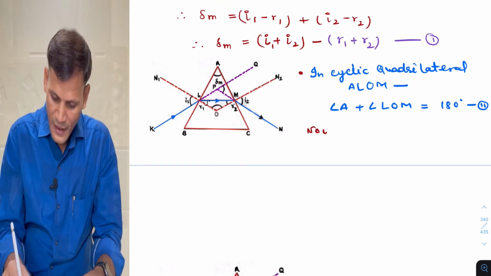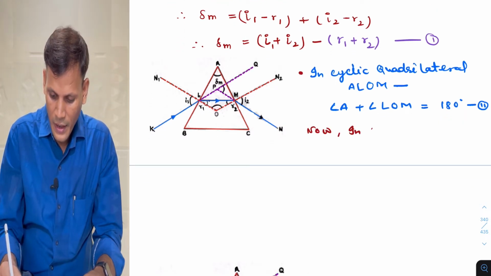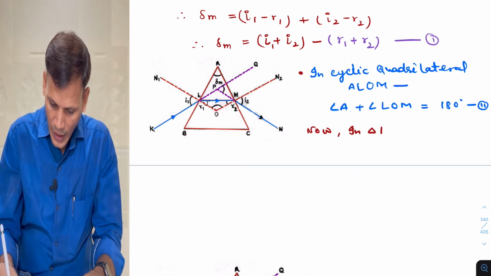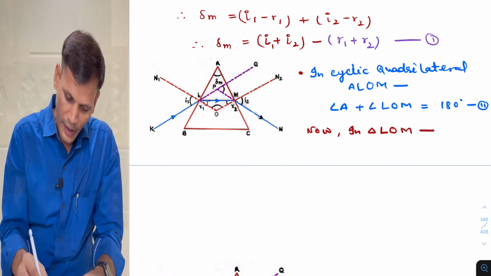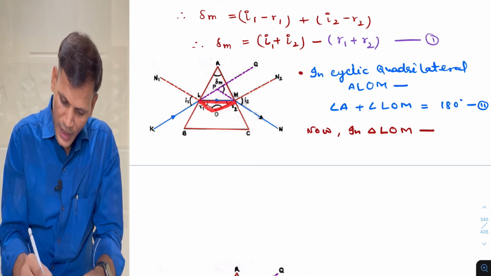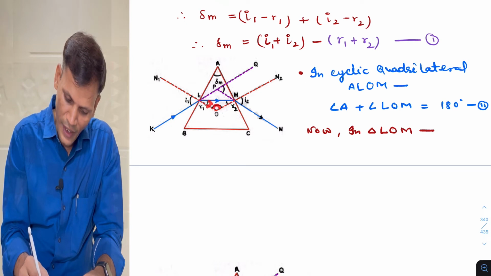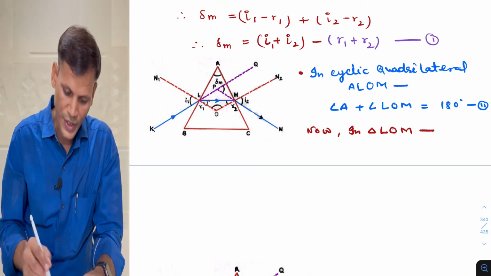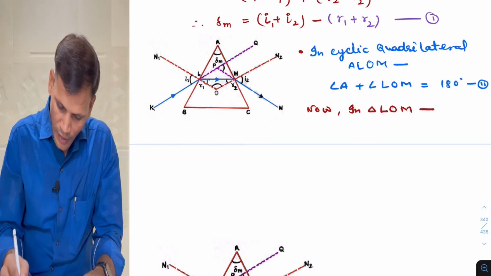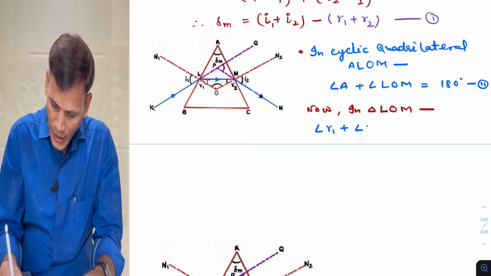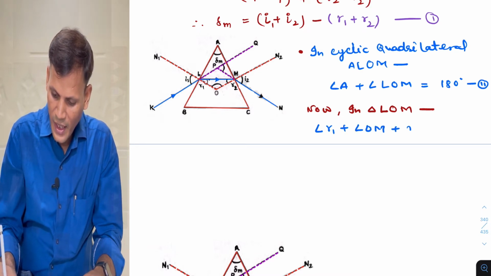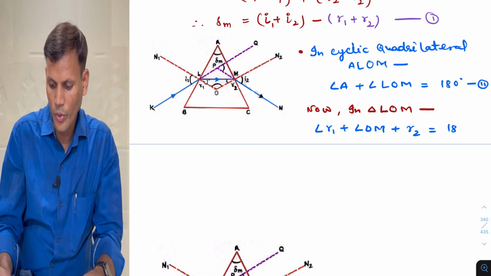Now in triangle LOM, the sum of all the angles is 180 degrees. So we will get angle R1 plus angle LOM plus angle R2 is equal to 180 degrees. This is equation 3.